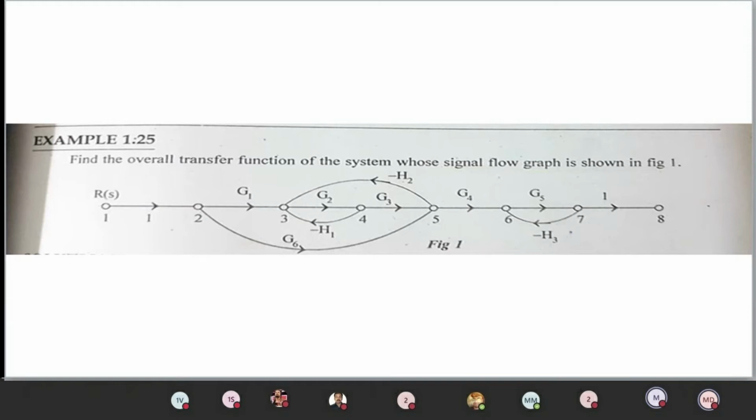What do you mean by non-touching loops? If two loops do not have a common node, we call the loops non-touching loops. So 3 to 4, 4 to 3, loop 1, and 6 to 7, 7 to 6, loop 3. These two are non-touching because you don't have a common node. 3 and 4 are different, 6 and 7 are different.